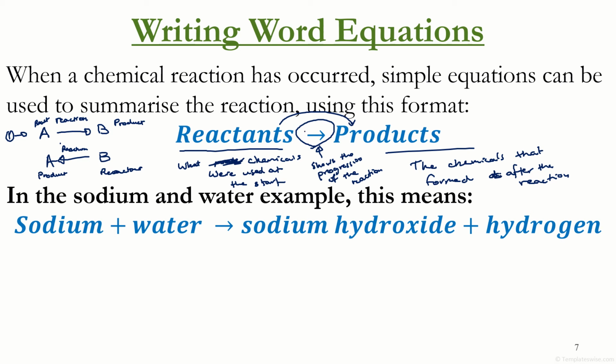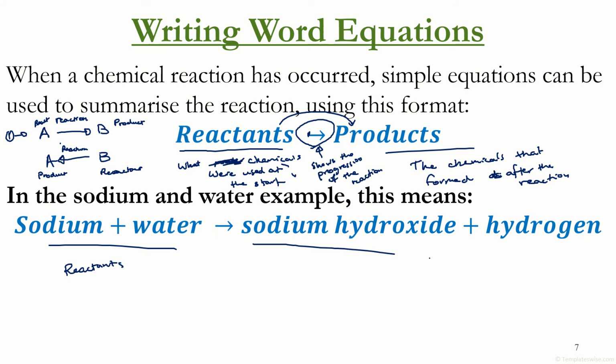Okay, the reactant is always on the tail of the arrow. The product is always next to the arrow head. If we have a look at this example at the bottom here, we have sodium plus water equals sodium hydroxide plus hydrogen. On this side, that's our reactants.